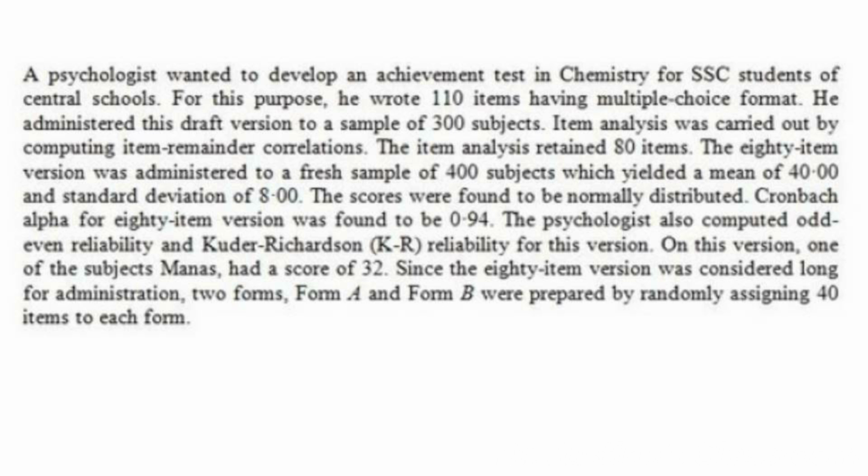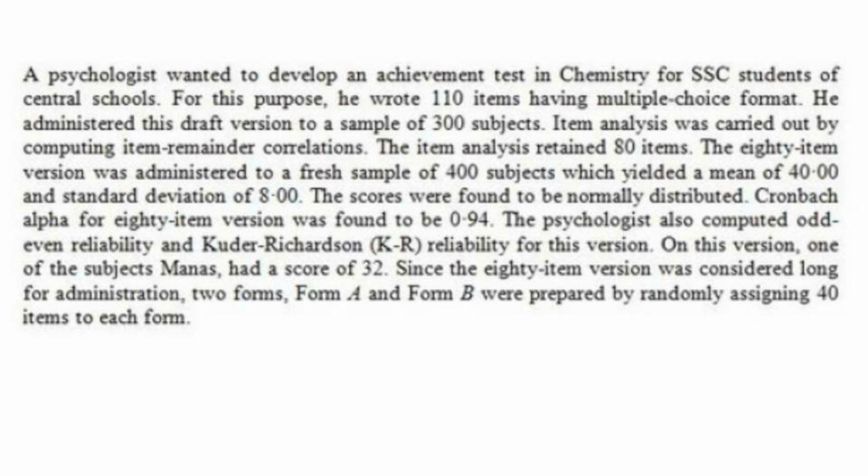The 80 item version was administered to a fresh sample of 400, the next sample, which yielded a mean of 40 and a standard deviation of 8. The scores were found to be normally distributed. So they are using the property of normal distribution now. The Cronbach alpha, a measure of internal consistency reliability, for the 80 item version was found to be 0.94. Very good reliability. Above 0.7 is considered good reliability.